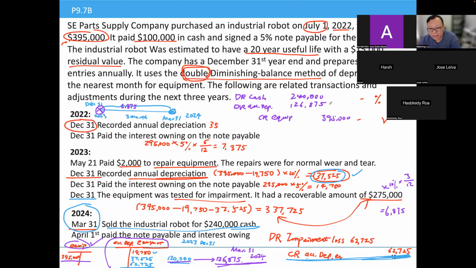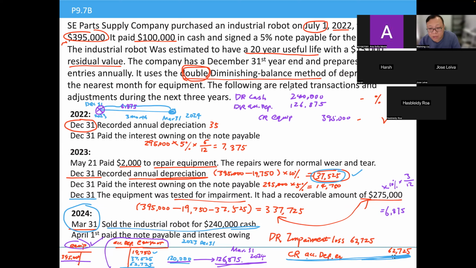What is my total debit, and what is my total credit? This is going to tell me which balance is larger. If I have a larger debit, then I need additional credit. If I have a larger credit, I need additional debit. That way I will know whether it's a loss or gain.